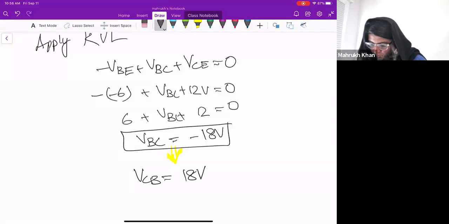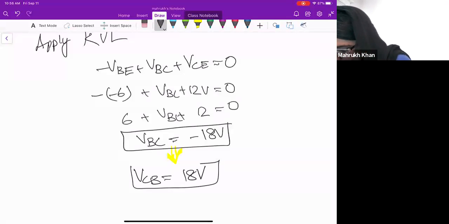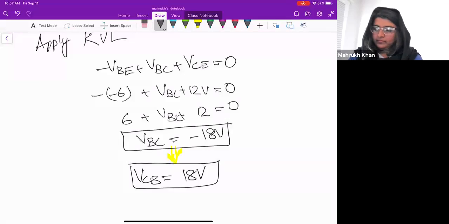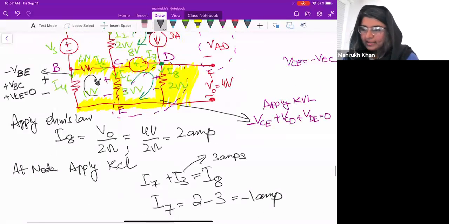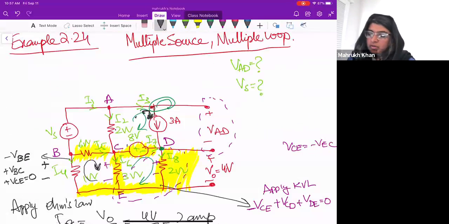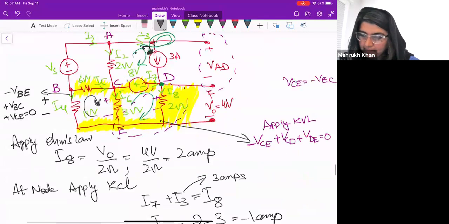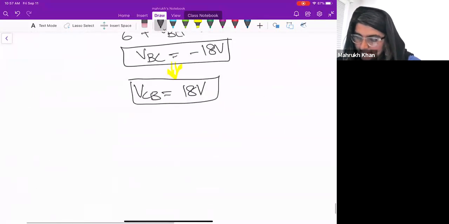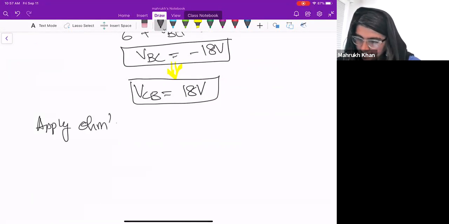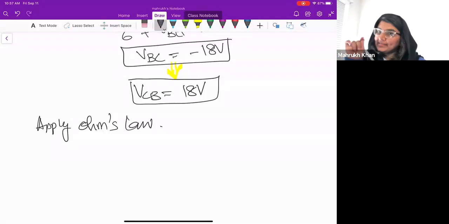Okay, so now I can find out I5, right? So my I5, if I try to find from VBC, you know, we took passive sign convention.